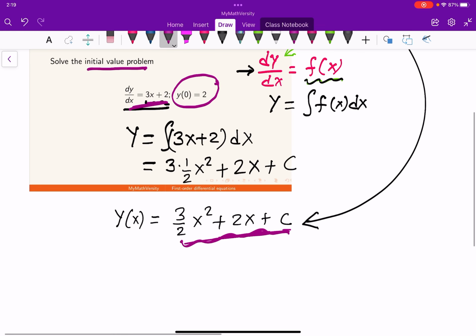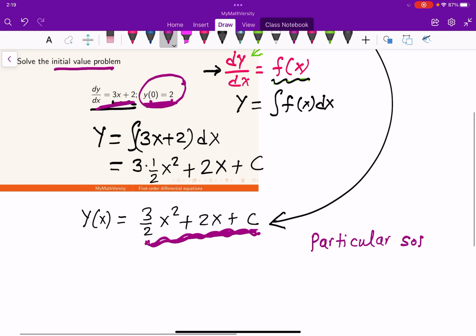Among these infinitely many functions, I need to find the one which satisfies this condition. That means the particular function I need, when evaluated at 0, must have output 2.